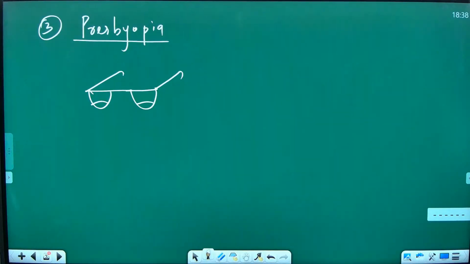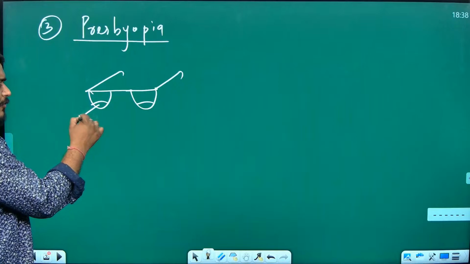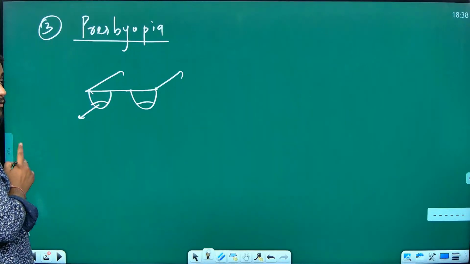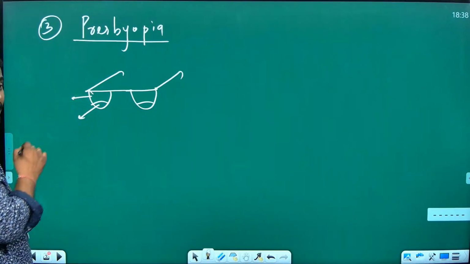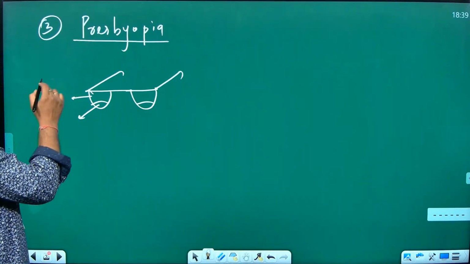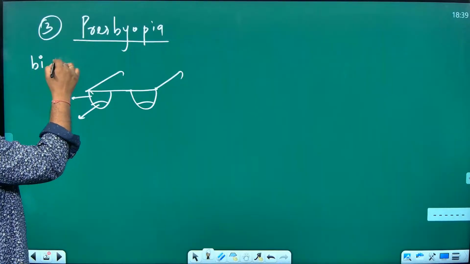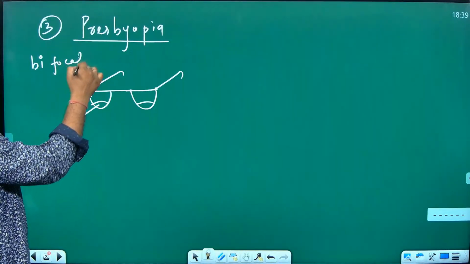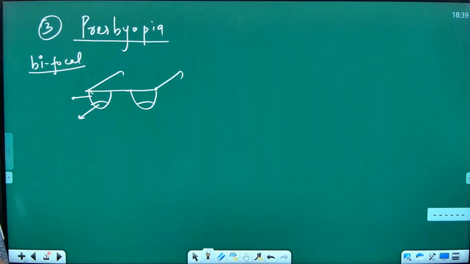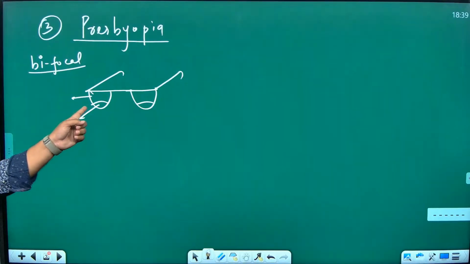And a bifocal lens looks something like this. Bottom part will be which lens? Down will be concave or convex?